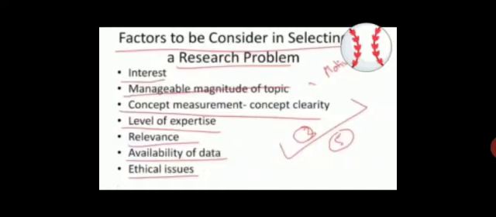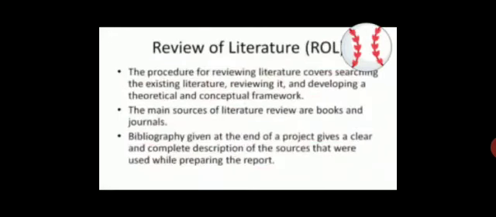Enough data is available, you are expert in that topic, you can manage that topic, and it should be limited, and you should be more interested in that topic. Step 2, I consider, is literature review or review of the literature, ROL.